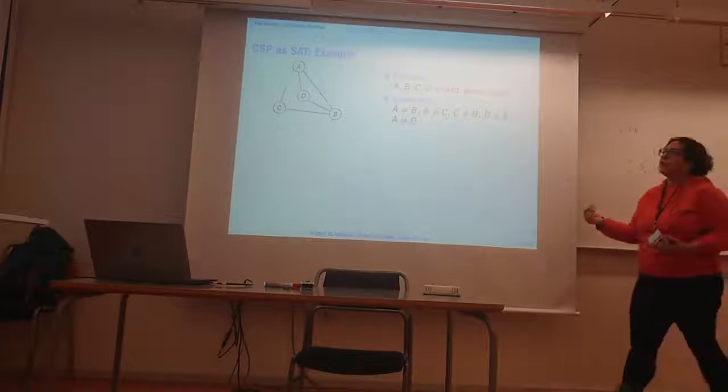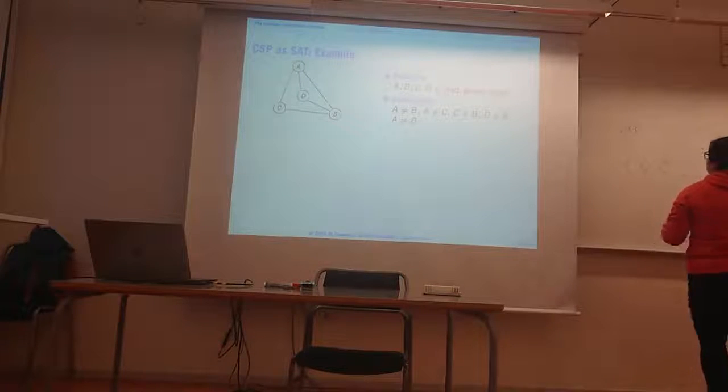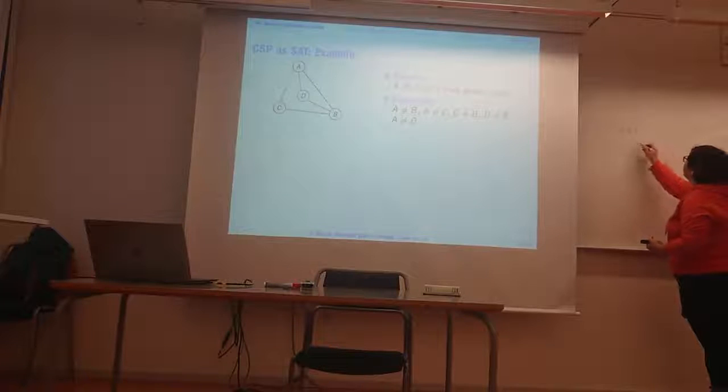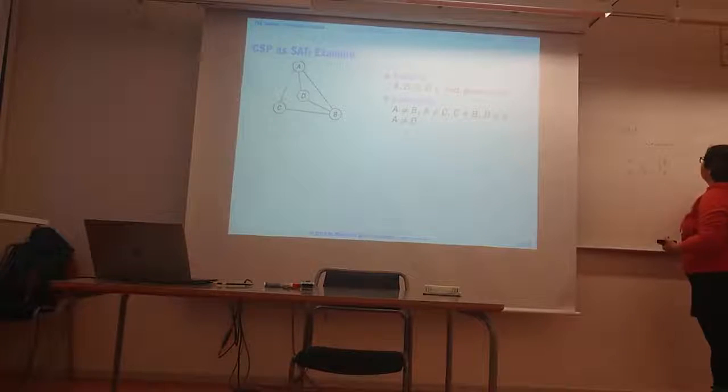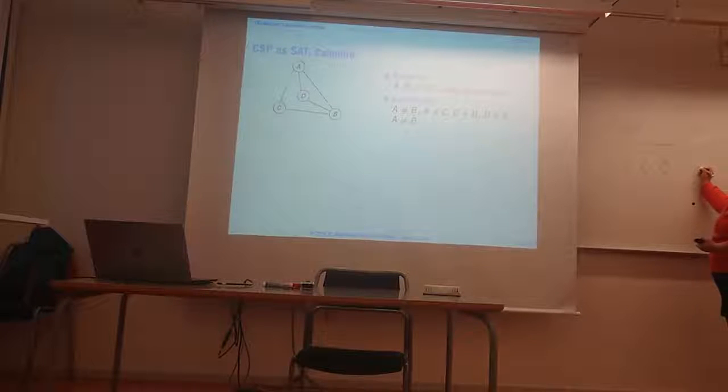We have to do the same thing for variable C, and these are Boolean variables. I'm not going to write all of them. So we have 4 variables, each of which has 3 domain values, so 4 times 3, 12 Boolean variables.